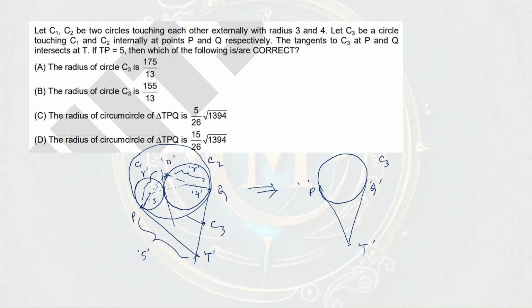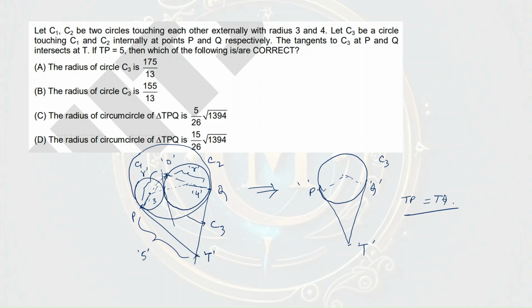So PT and QT are tangents to the circle C3. That means by the property of circles we can say that the length of TP must be equal to the length of TQ, because from any external point to a circle, tangents drawn to the circle have equal length.